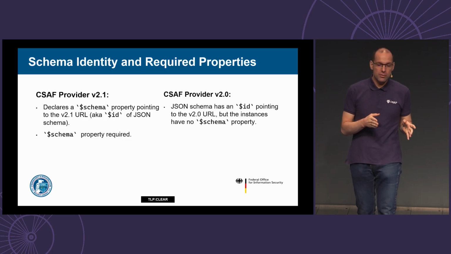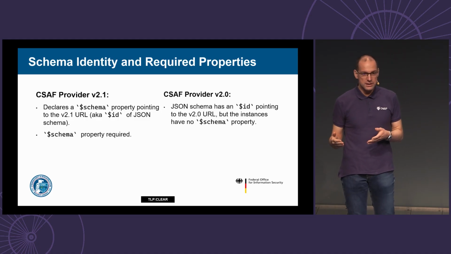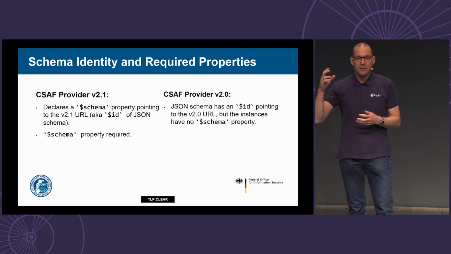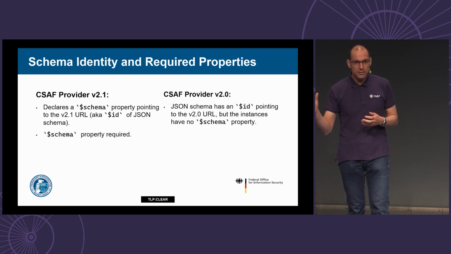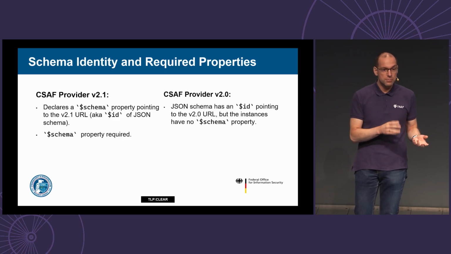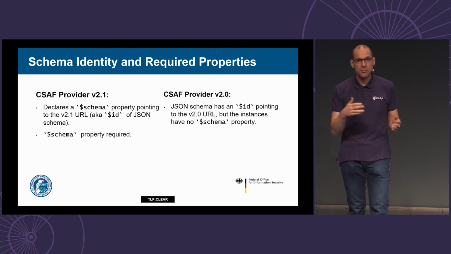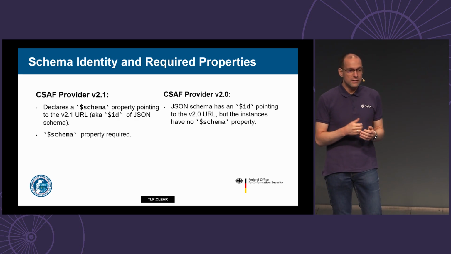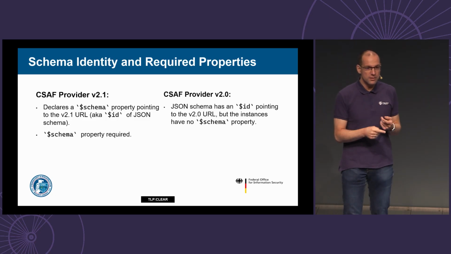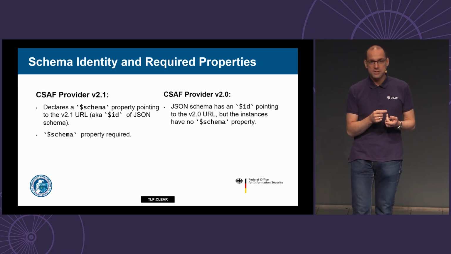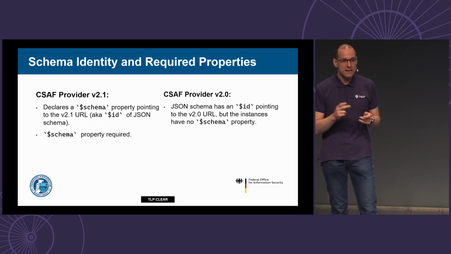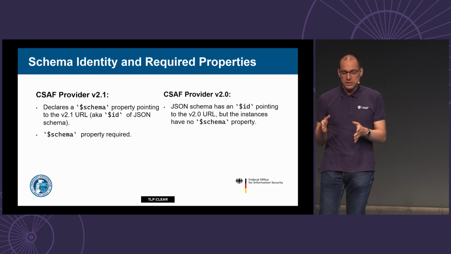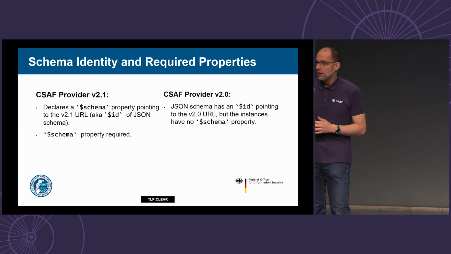And a way how we solved that, we added that schema property that allows us to introduce the schema that the JSON document should be valid against. And that also helps the editors and any validators to find first the right schema, to know that this is a CSAF 2.1 document, but also to give you some context and contextualizing what property can you use in that specific area.